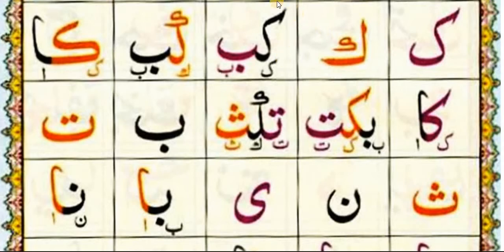Next is the short form of kaf. Kaf with a line connected with ba. So we will read kaf ba.